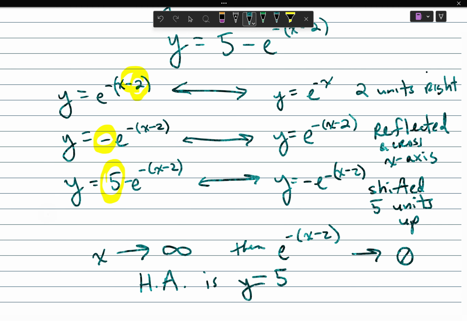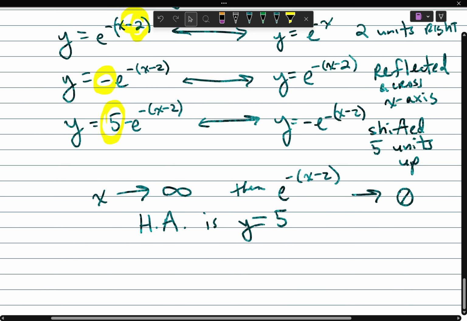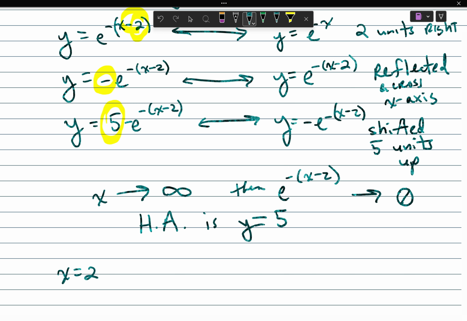All right, and then maybe the next thing you want to do is find some key points. Plug in some arbitrary values, like x is equal to 2.